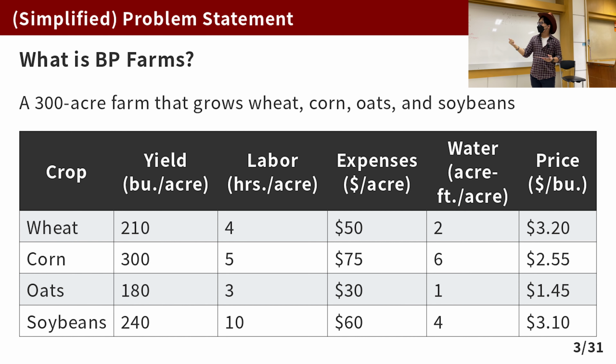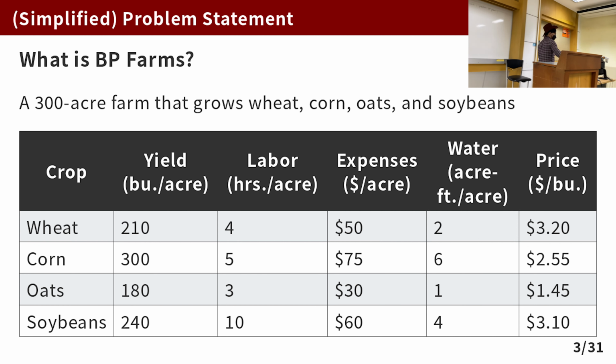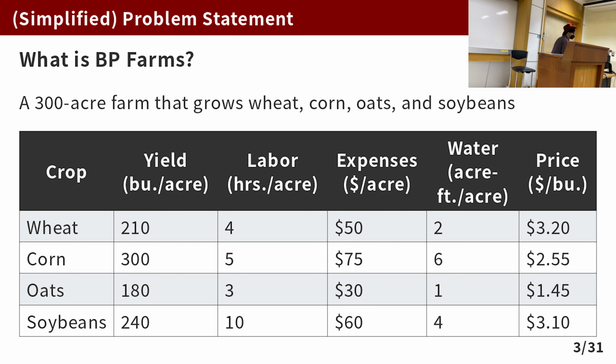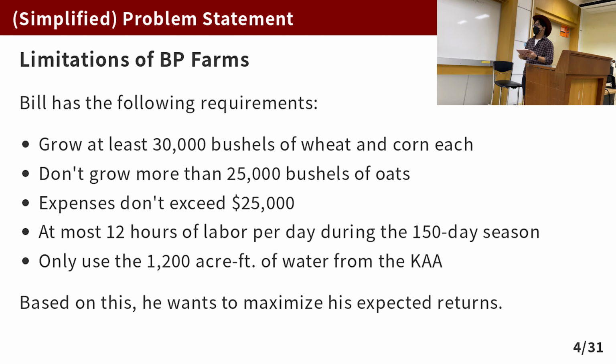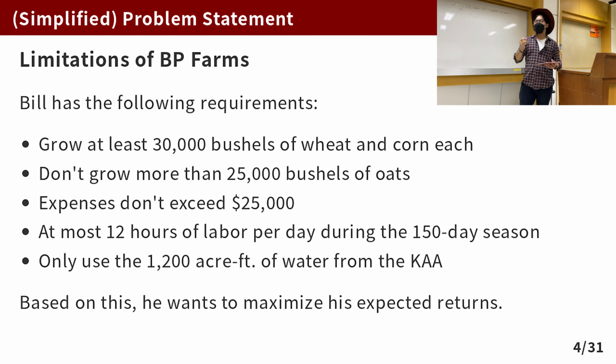So it has the yield, which is in bushels per acre, the labor, which is in hours, the expenses in dollars, water, or the amount of water needed for each acre of land, which is in acre feet, and the price per bushel, which is for the yield. And we're not gonna ever come back to this slide, but if something needs to be referenced, it will be brought up. And then, because Bill is a needy little Bill, he has the following requirements.